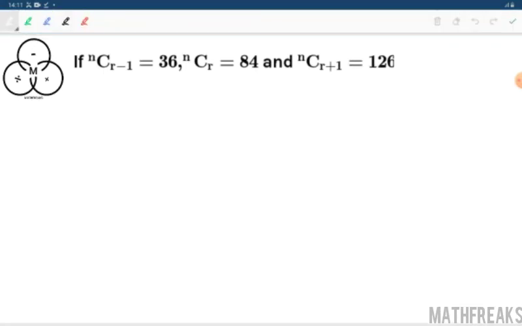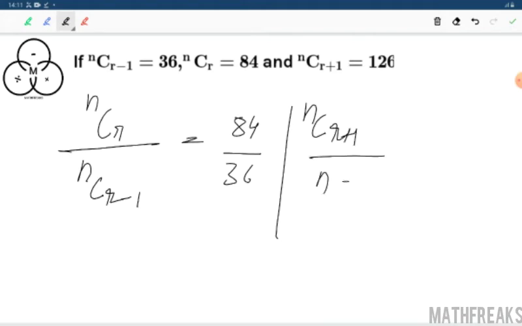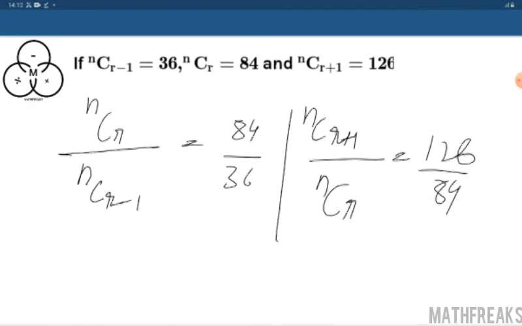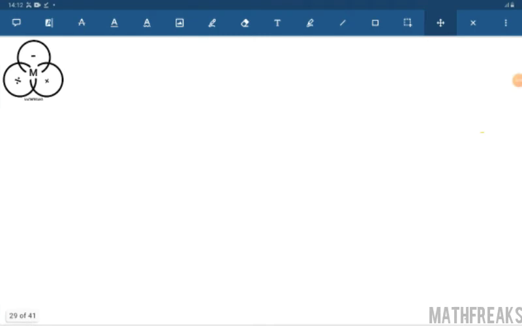Just simply divide it, and divide this. This is the basic concept. You will get two equations, then you can solve it. This is the basic hint. You solve it and then go for the next question.